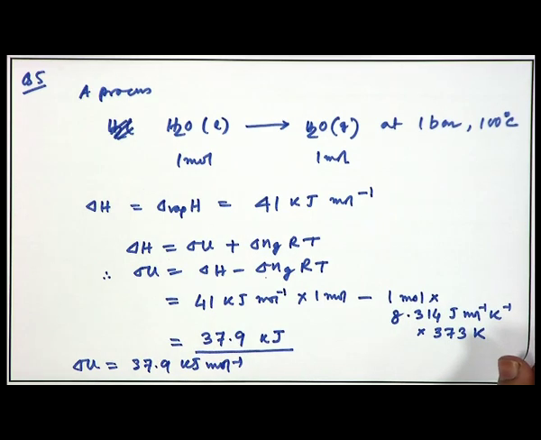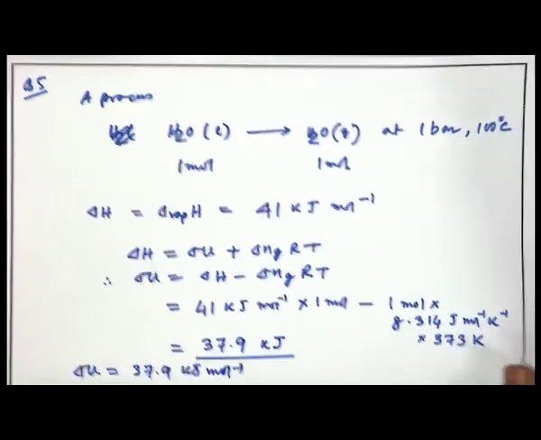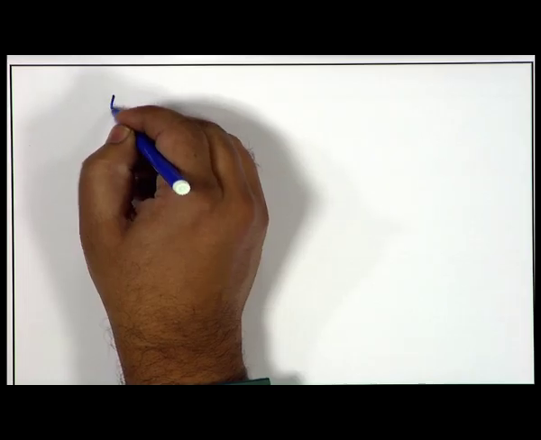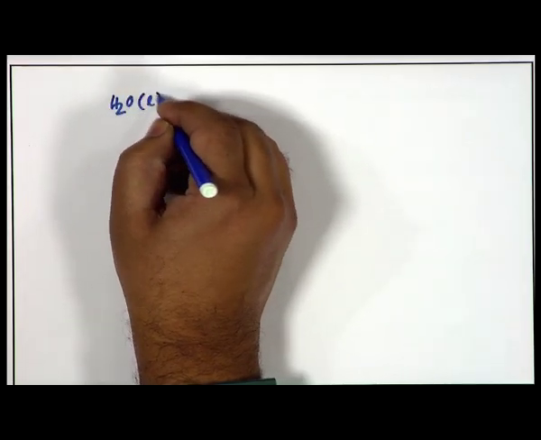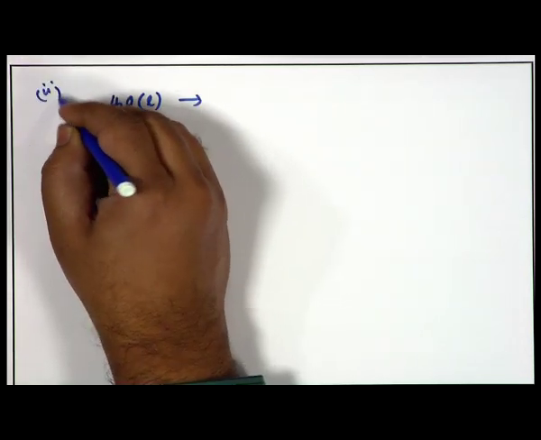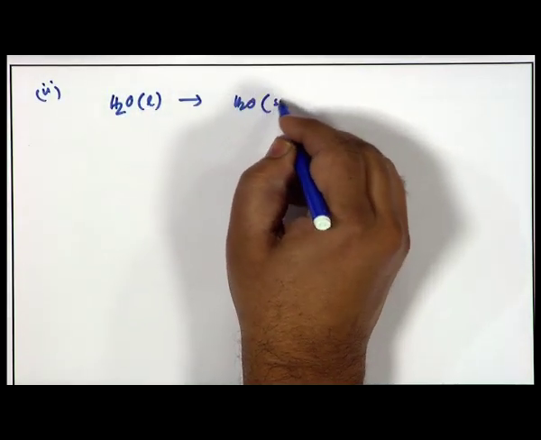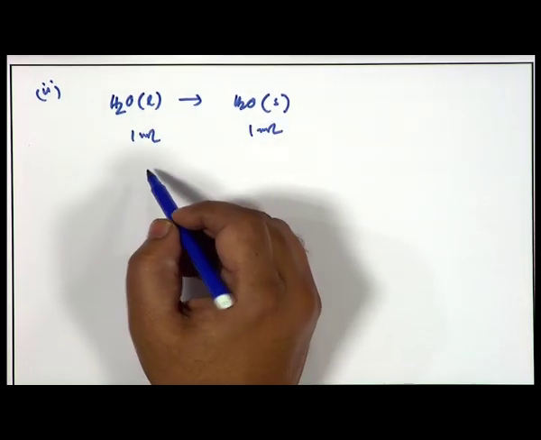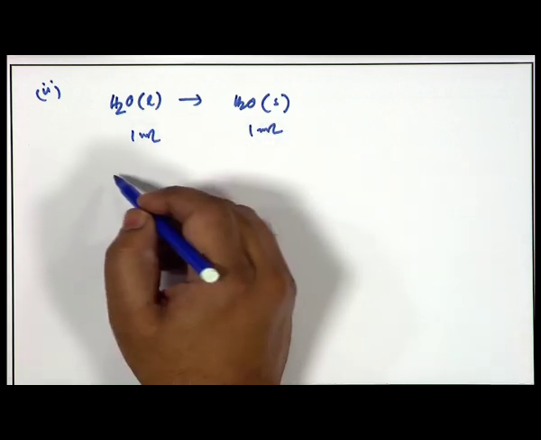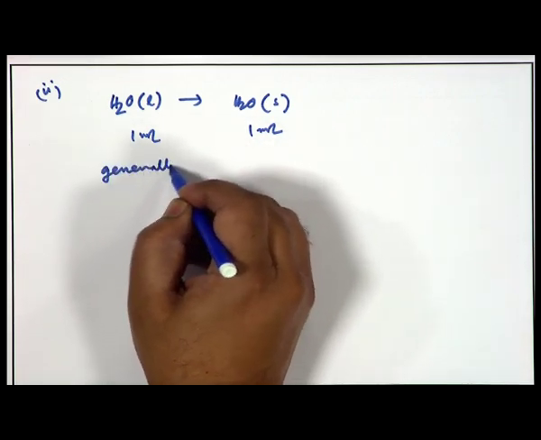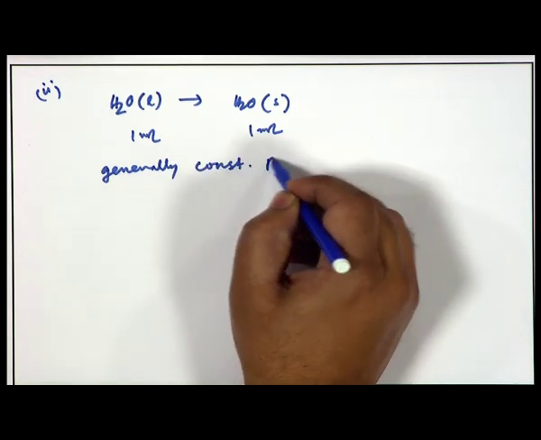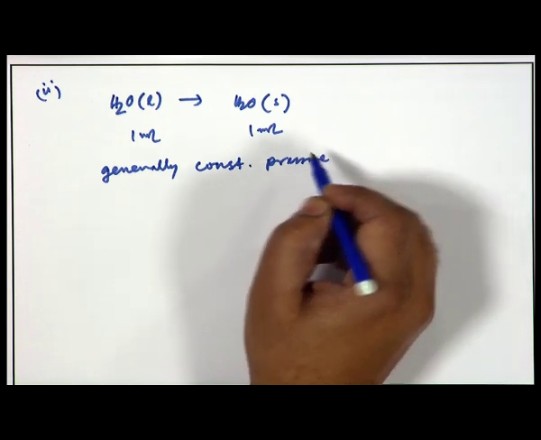So, in the second problem, you have 1 mole of water converted to ice. So that is the second one. H2O solid, again this is 1 mole, this is 1 mole, and generally this transition is considered to be done at constant pressure. So, constant pressure condition is what we are assuming.